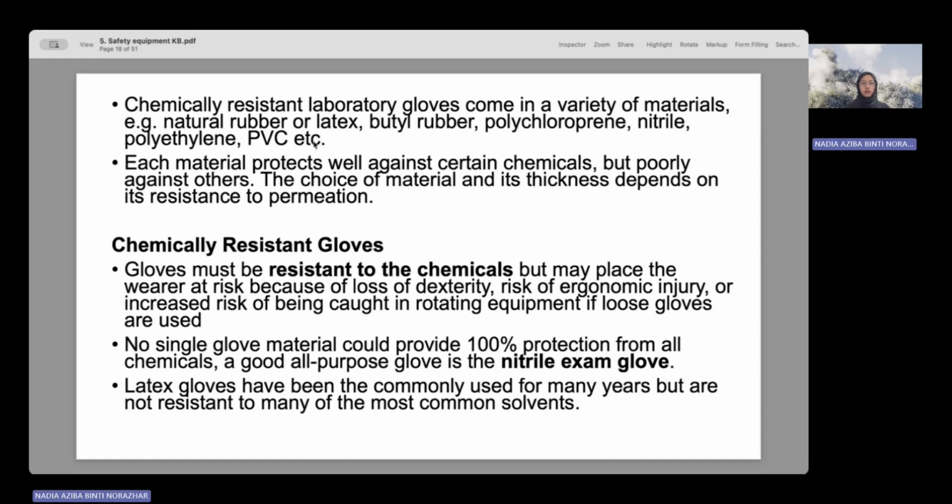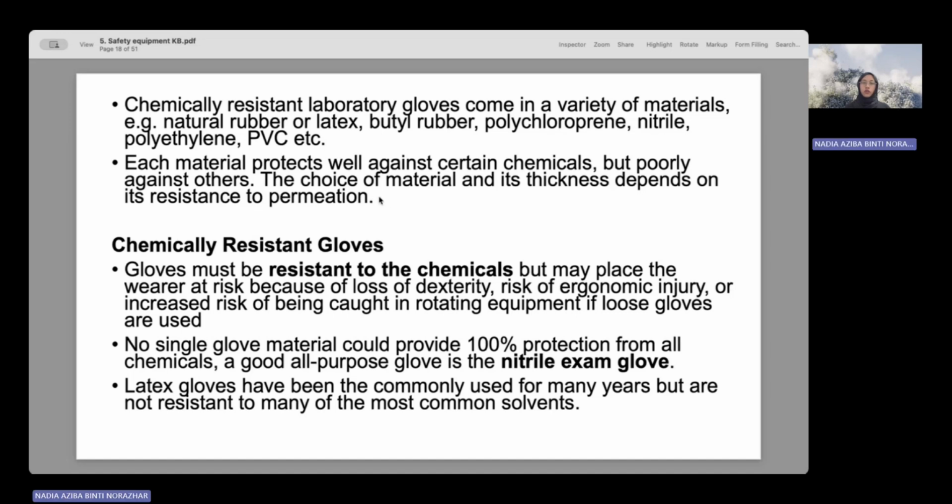Chemically resistant lab gloves come in a variety of materials such as natural rubber or latex, butyl rubber, polychloroprene, nitrile, polyethylene, PVC, and etc. Each of these types of gloves is produced using different materials, and each material can protect well against certain chemicals, but poorly against others.